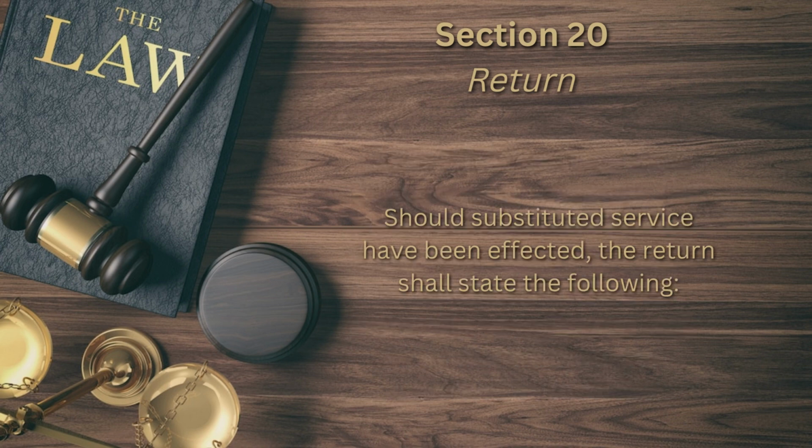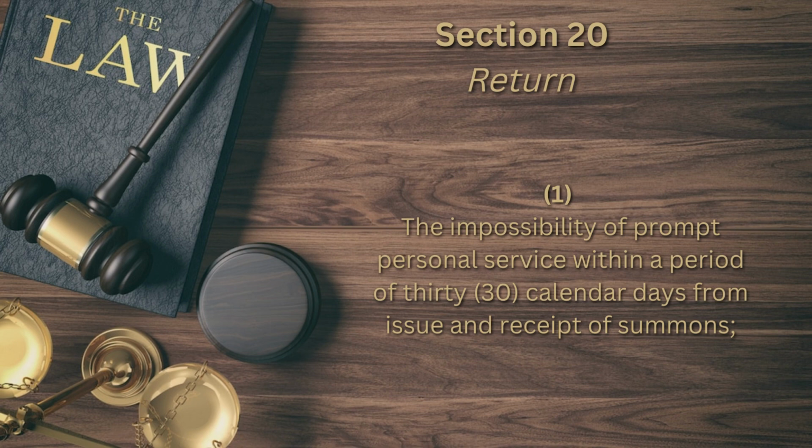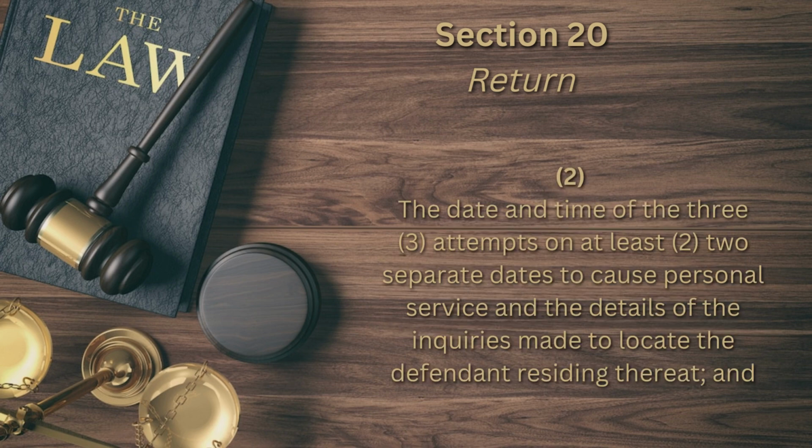Should substituted service have been effected, the return shall state the following. First, the impossibility of prompt personal service within a period of 30 calendar days from issue and receipt of summons. Second, the date and time of the 3 attempts on at least 2 different dates to cause personal service and the details of the inquiries made to locate the defendant residing thereat.